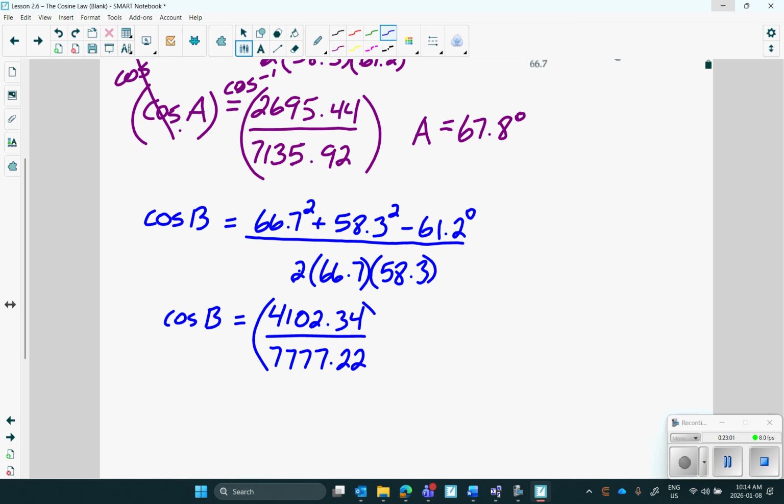And then the final step to get B is cos inverse both sides.